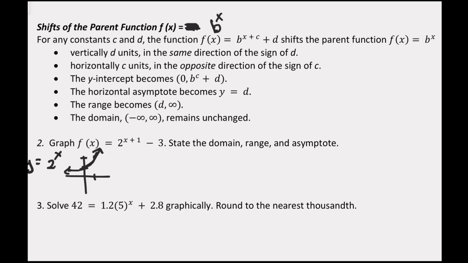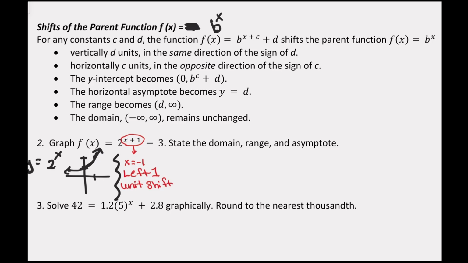Okay? Now, what's going on here? When we alter the x, it horizontally changes things. So I'm going to set this equal to 0 and solve it. This means that it is a left 1 unit shift horizontally.